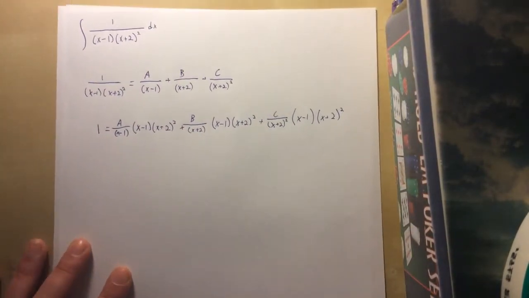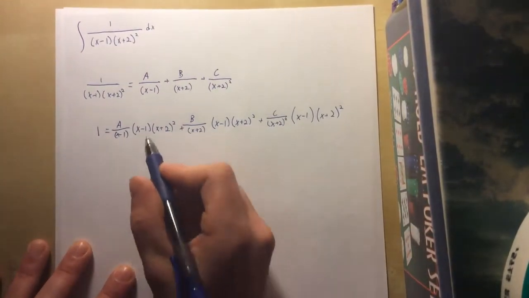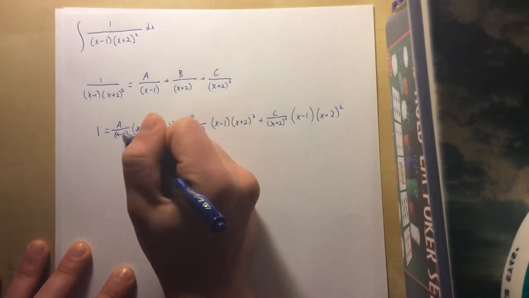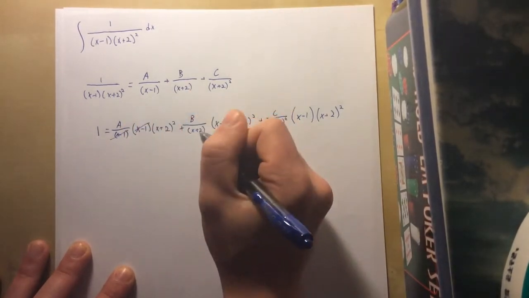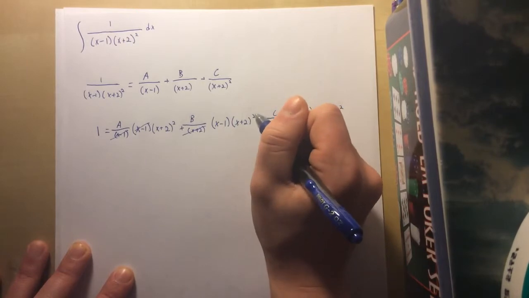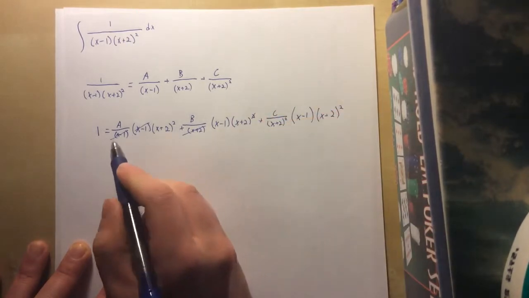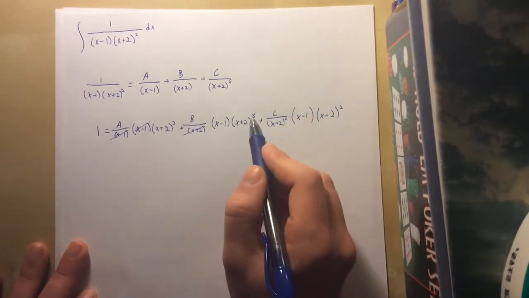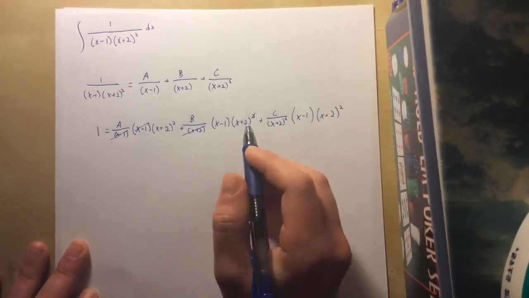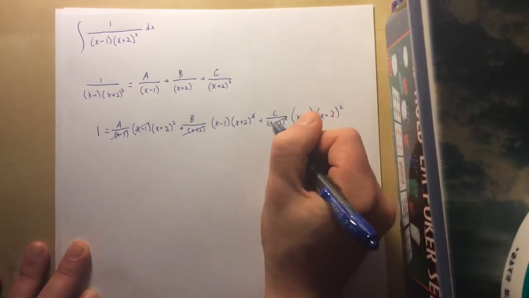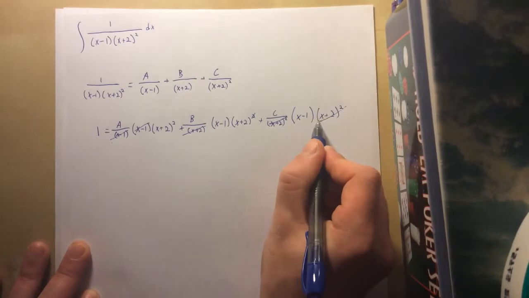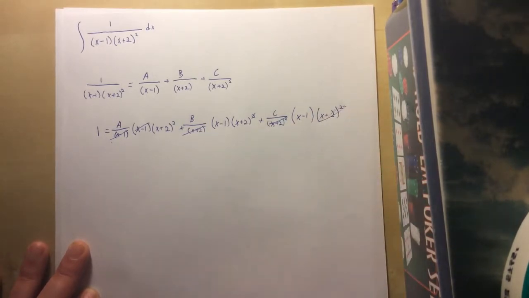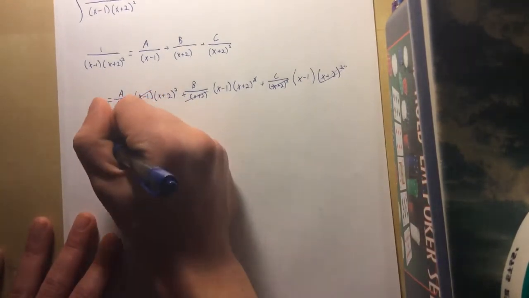So now that we wrote that out, we can notice that a lot of stuff cancels out once again. Pretty much that's always going to happen in these types of problems. So for the a, the x minus 1's cancel out. For the b, one of these x plus 2's cancels out. And for the c, both of them cancel out. So we have squared both on top and bottom. Let's rewrite that.